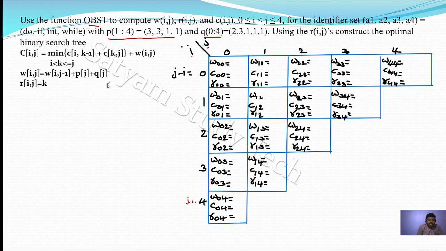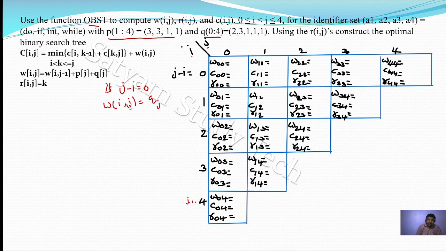Initially, if j minus i equal to 0, then w of i comma j is equal to q of j. So what is q of j?